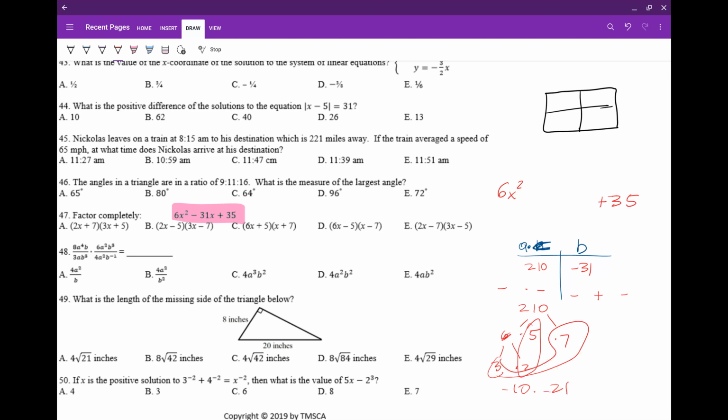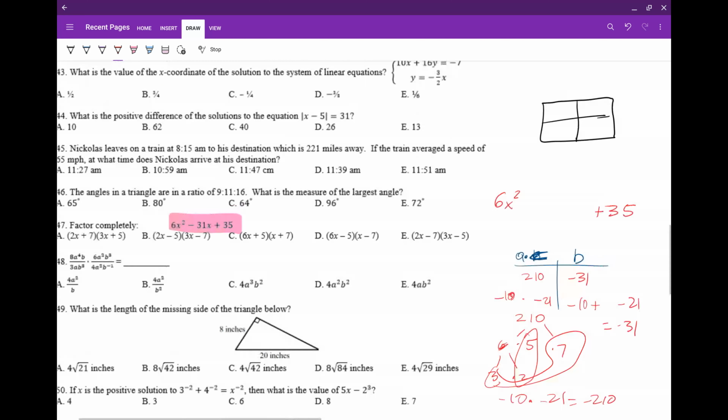The negatives of those, when I multiply, are equal to positive 210, right? Negative 10 and negative 21. Now if I add those, negative 10 plus negative 21, negative 10 minus 21, that is equal to negative 31. So we found our components, they're negative 10 and negative 21.